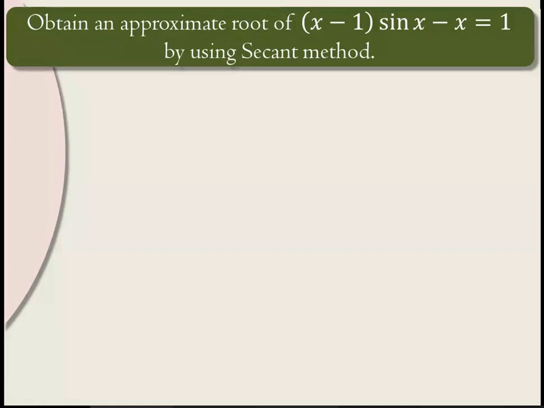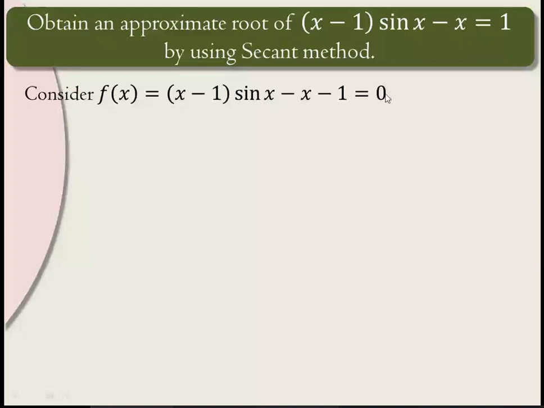Don't take only one term as f of x. So taking f of x as (x minus 1) sine x minus x minus 1 equal to 0.